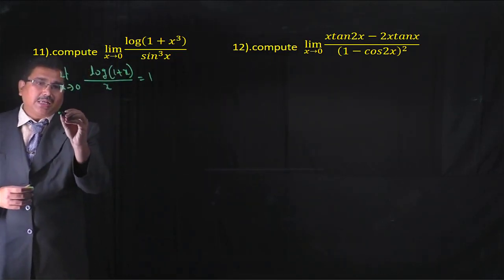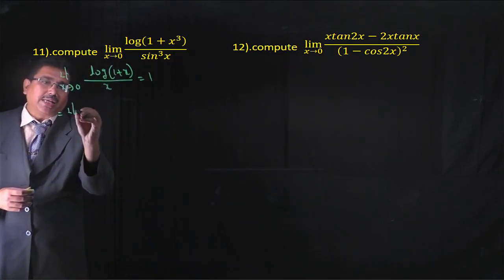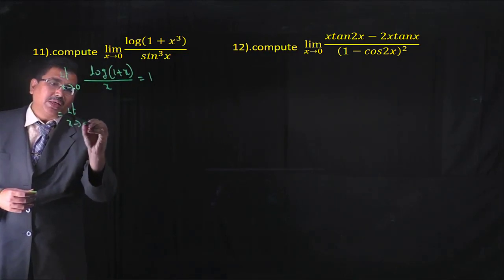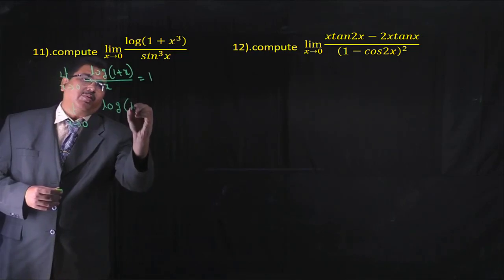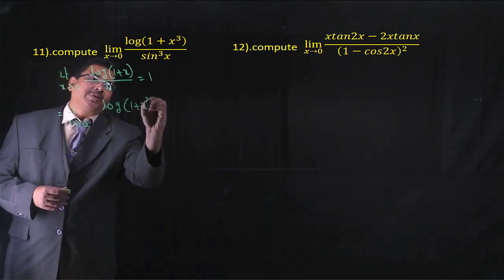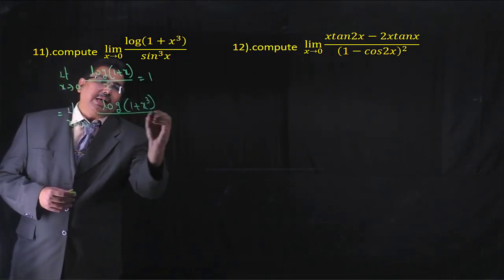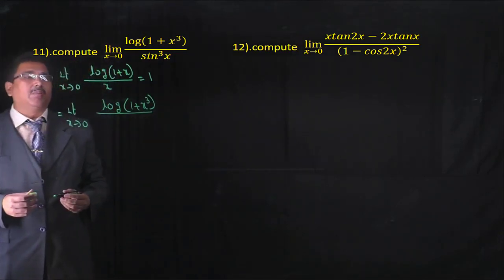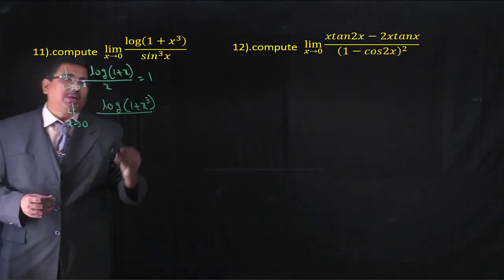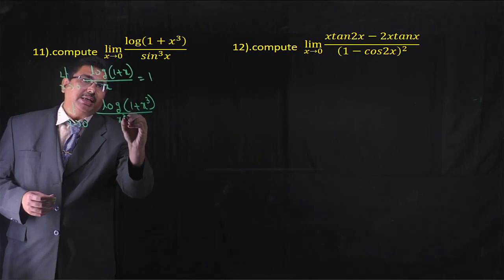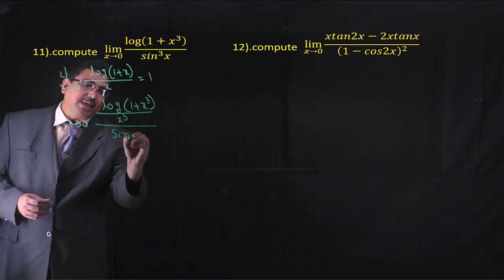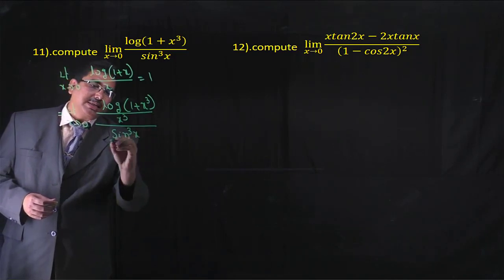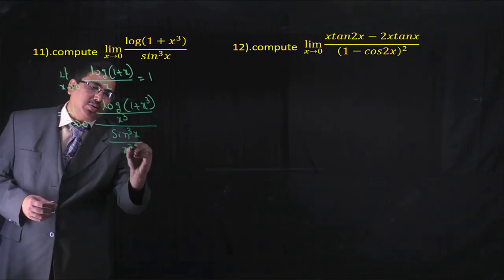That is equal to limit x tending to 0, logarithm of 1 plus x cube. Here, divide numerator and denominator by x cube, so the denominator is sine cube x divided by x cube.